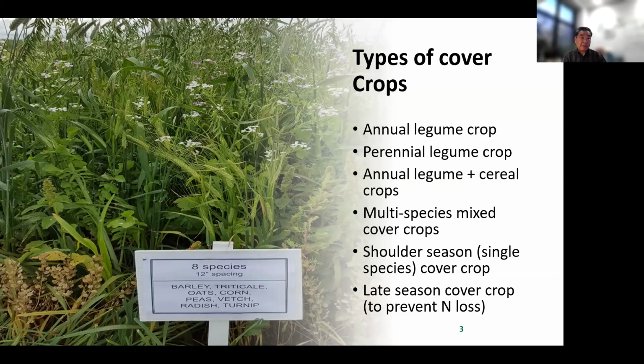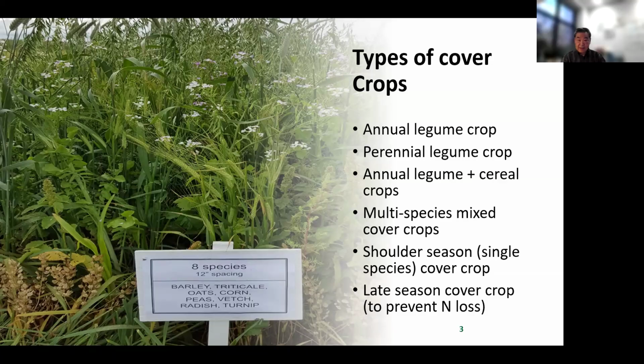And there are annual legume plus cereal crops, which many people do, like pea and oats, or faba bean and wheat.